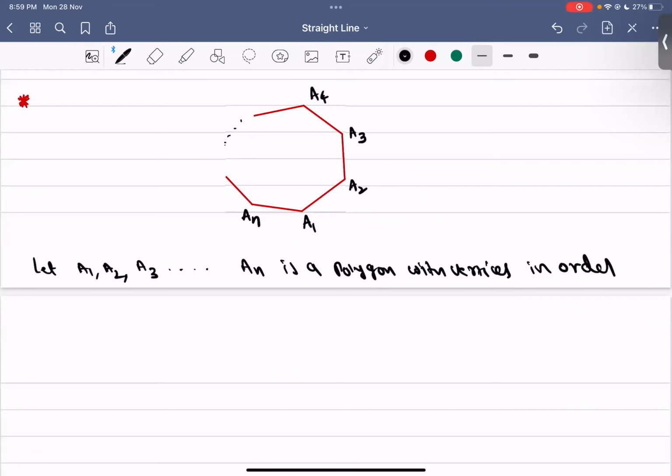A1 (x1, y1), A2 (x2, y2), A3 (x3, y3), etc., up to AN (xn, yn).